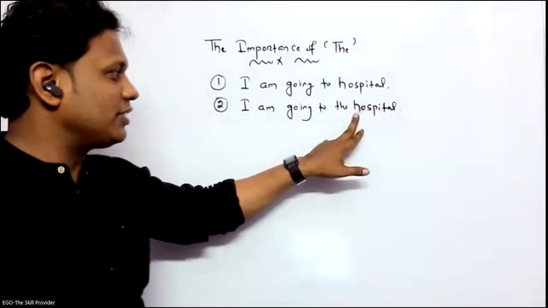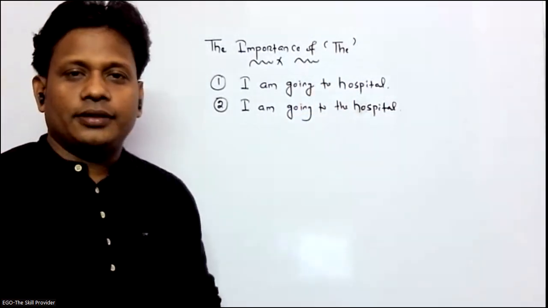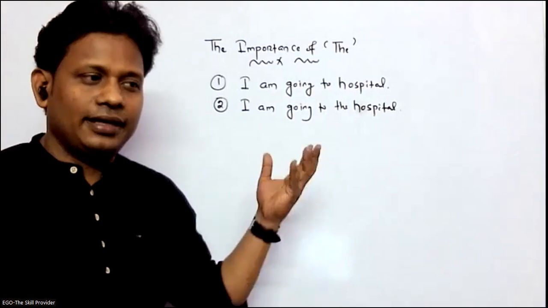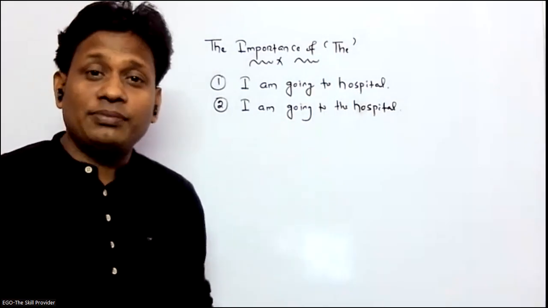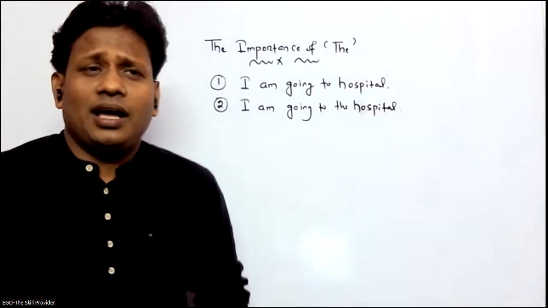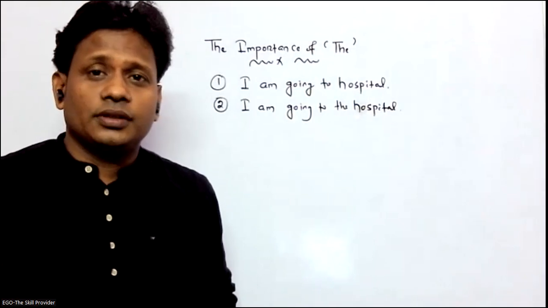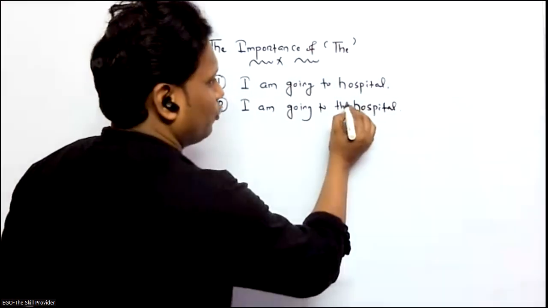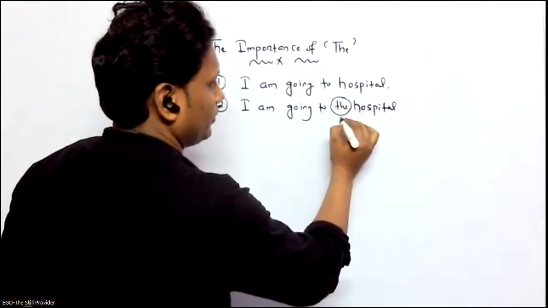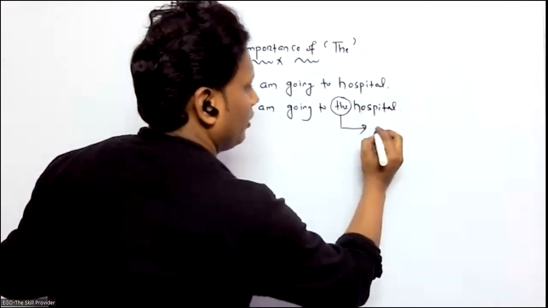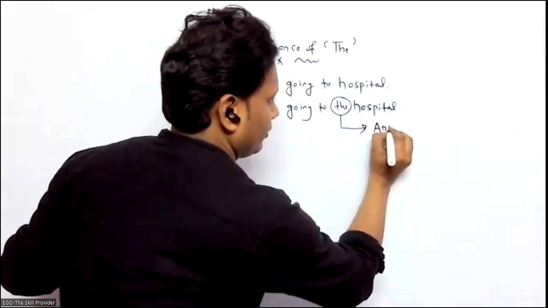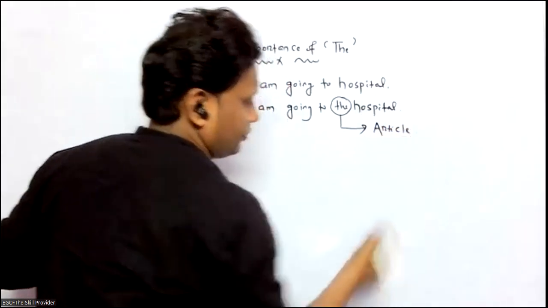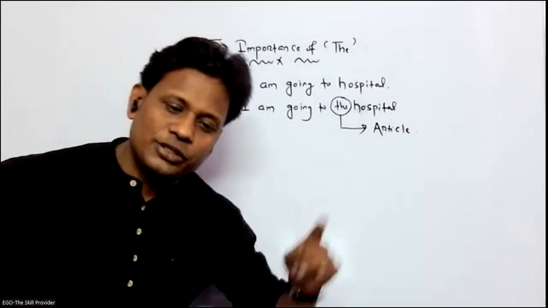If I write sentences like this, you have to tell me what you are getting. Sometimes you say, I go to school. I am going to the school. So here you can understand that the difference is only "the", and there is something called an article. That's the only difference you can check.